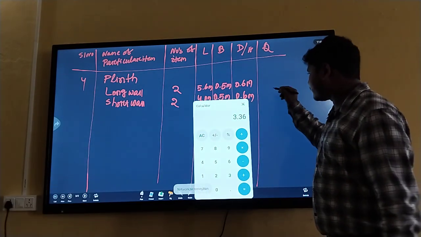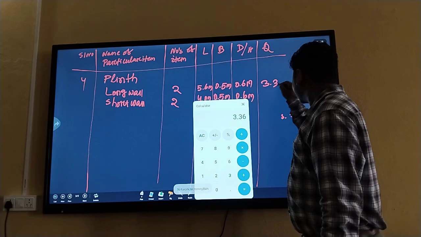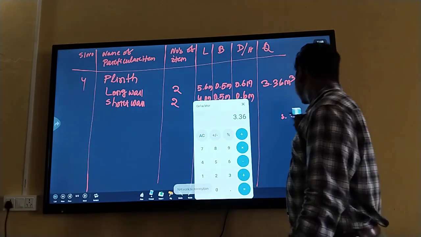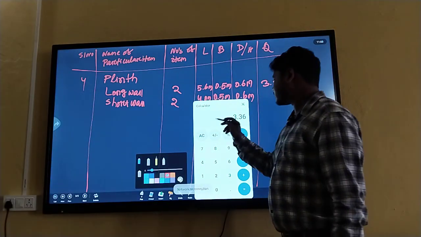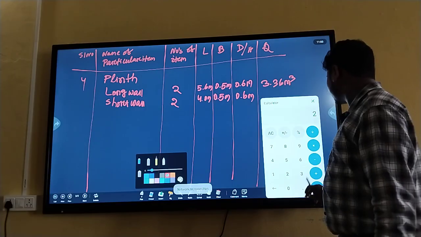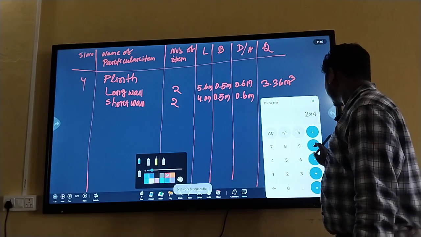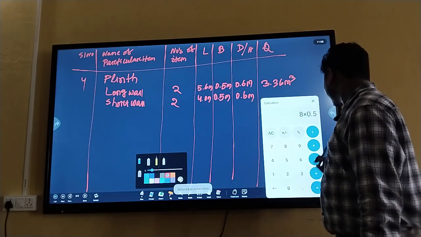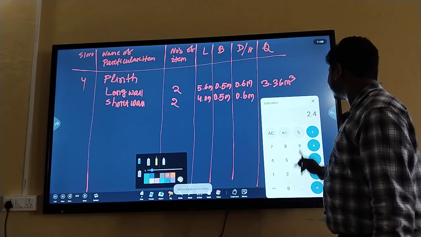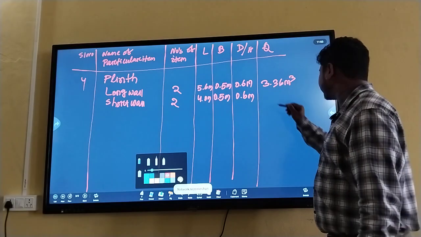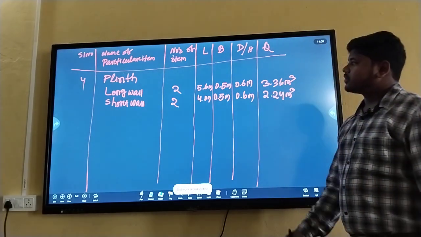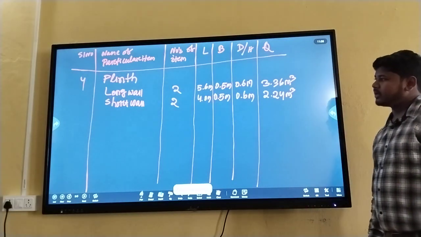So quantity of long wall for plinth is 3.36 meter cube, and for short wall is 2 into 4 into 0.5 into 0.6, which is 2.24 meter cube. This is the quantity of plinth for short wall.